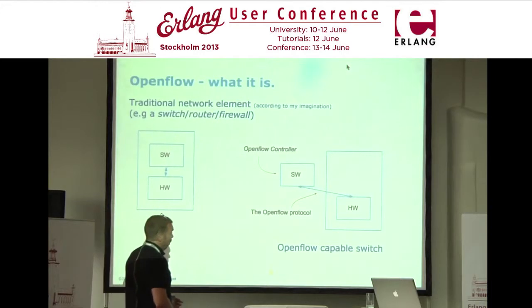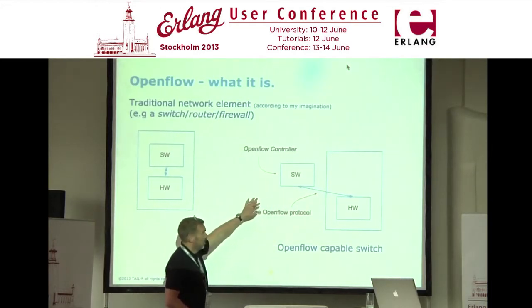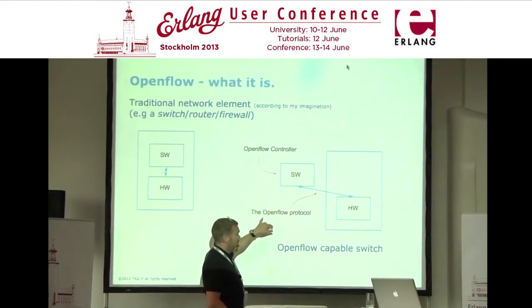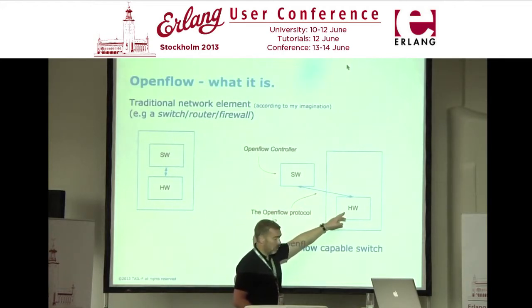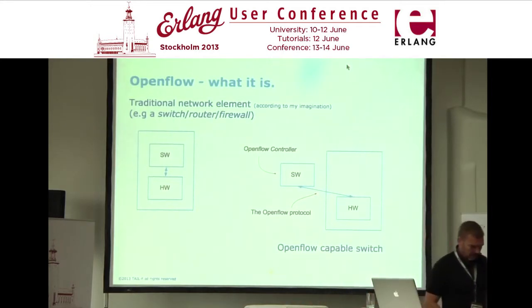Now with OpenFlow, they have made it possible to move that software out of the box. So you can write your own software, and they define this protocol that talks to the hardware. And that's what OpenFlow is about. It describes this protocol talking to this hardware.